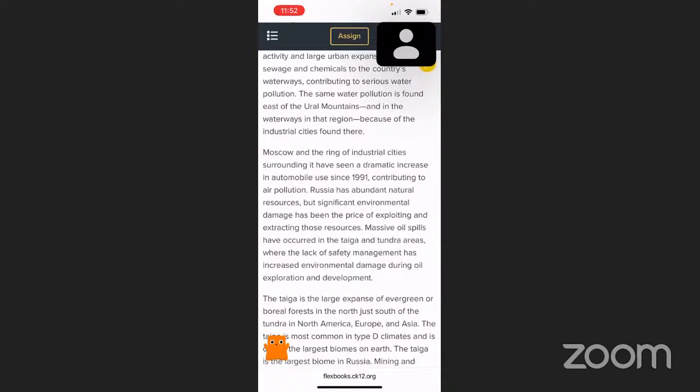Russia has abundant natural resources, but significant environmental damage has been the price of exploiting and extracting those resources. Massive oil spills occur in the taiga and tundra areas, where the lack of safety management has increased environmental damage during oil exploration and development.